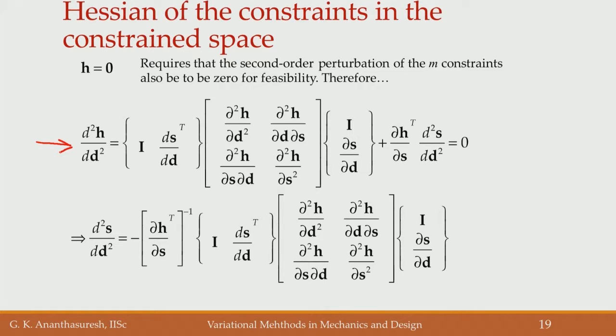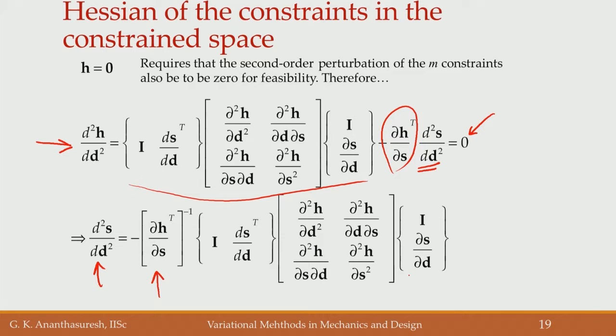Now, this should be equal to 0. That gives us a way to compute our unknown thing, d square s by dd square will become the inverse of this quantity which is over here, and then the rest of it, that is all that is here, is seen over there. Now, we got this.